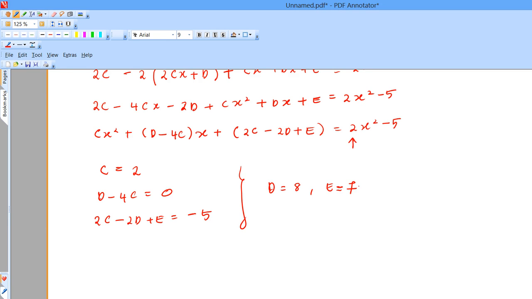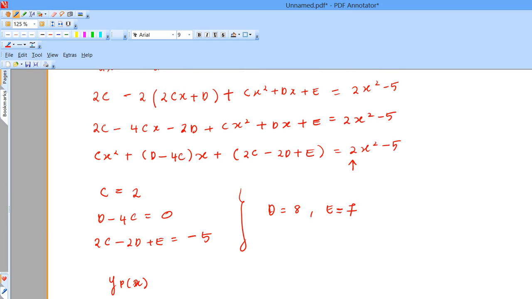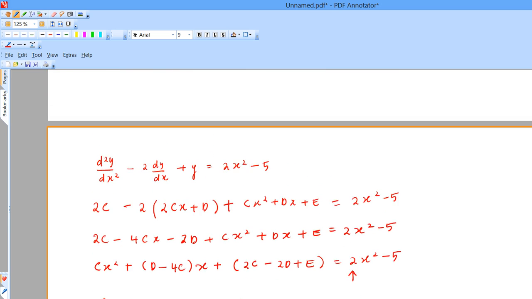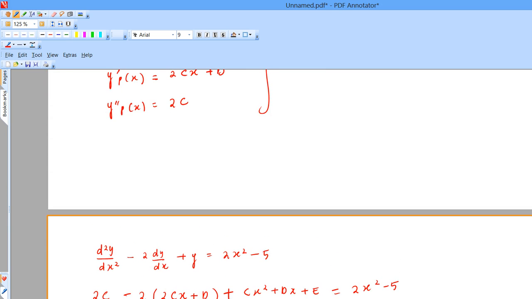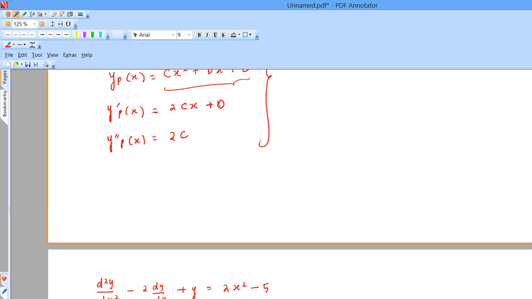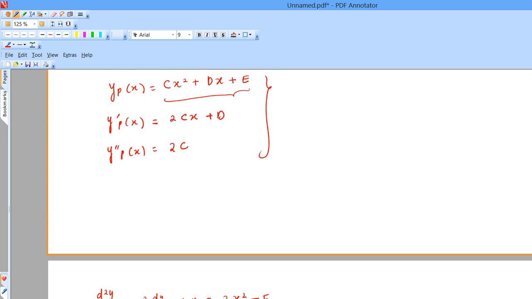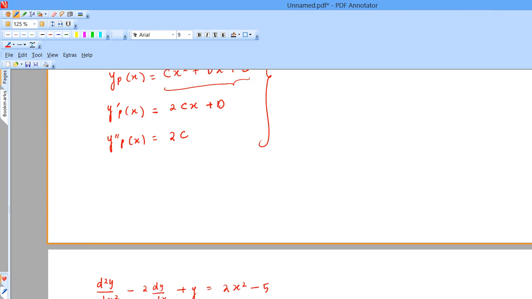So based on this yp, we define yp equal to cx square plus dx plus e.